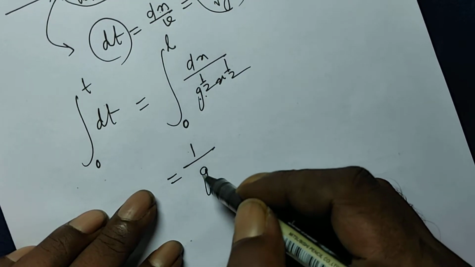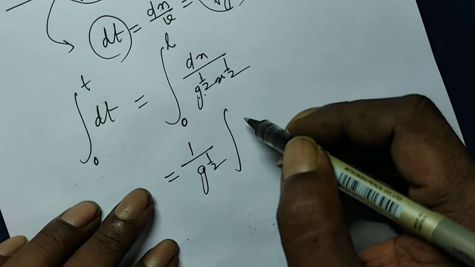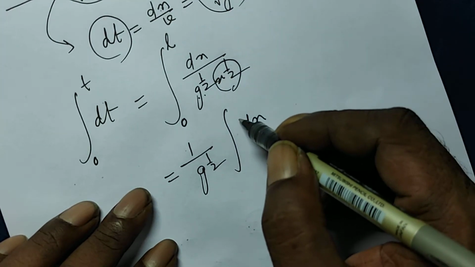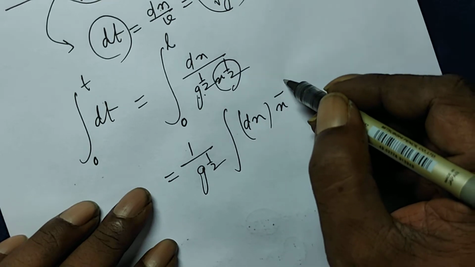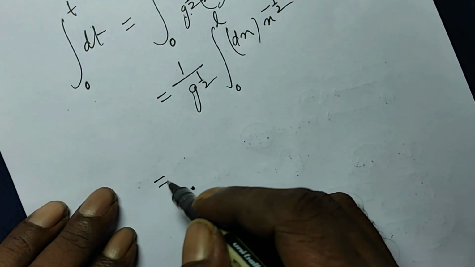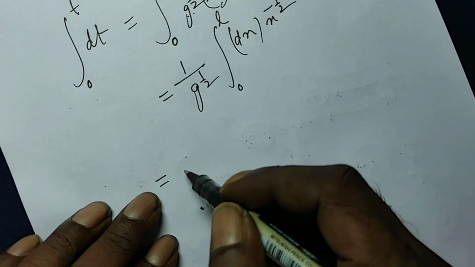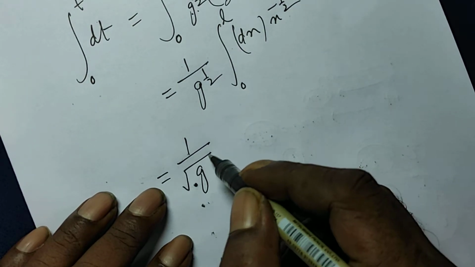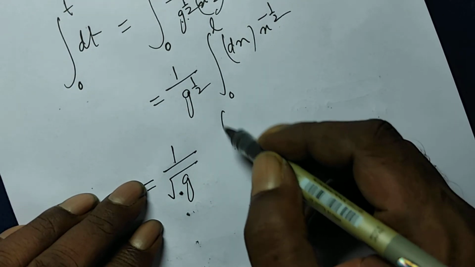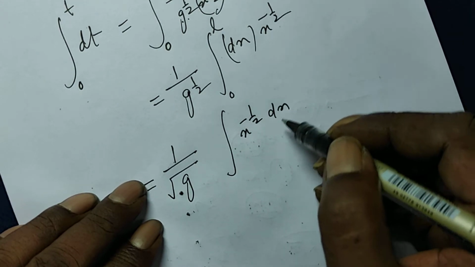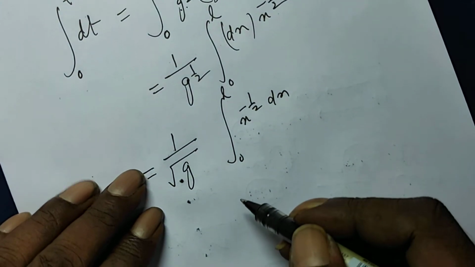I am left with dx, and I bring it to the numerator, so this looks like x to the power minus 1 by 2 from 0 to L.